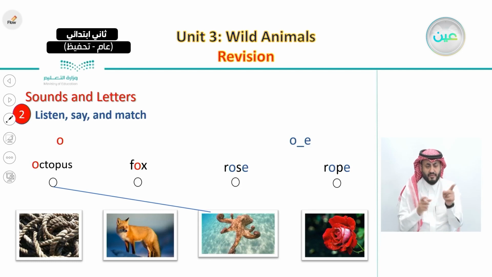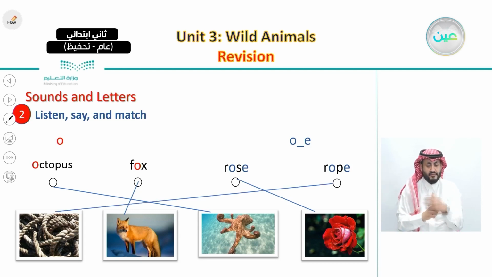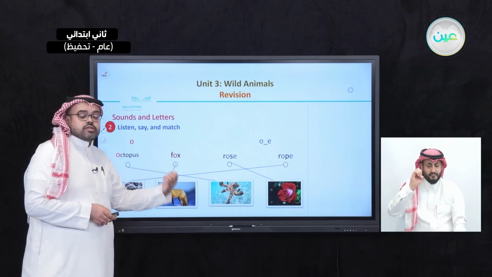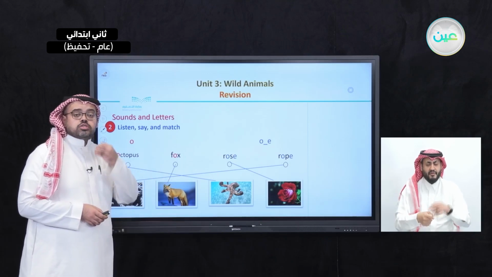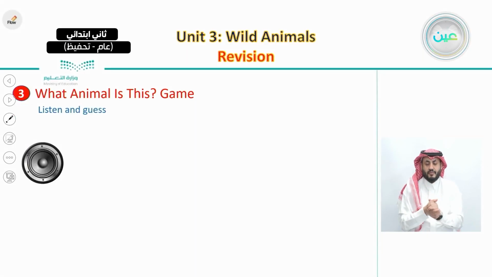So for example, the first one, the octopus, which is a sea animal. The next one was fox, this animal, and rose, this plant, and finally rope. And we did repeat this sound over and over again, so we know how to pronounce each word alone.